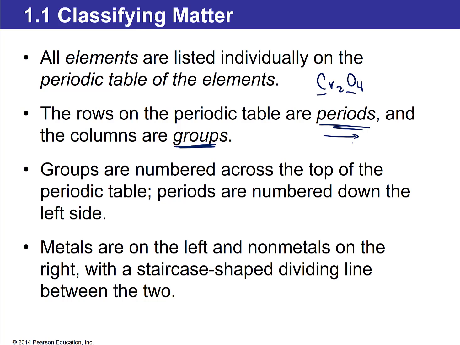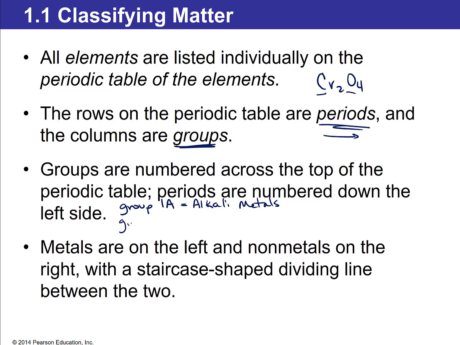They call this first one group 1, and on yours it says group 1A. Those are called the alkali metals. And they behave similarly, especially in chemical reactions. So like sodium, which is Na, and potassium, which is K, they behave very similarly in a chemical reaction.